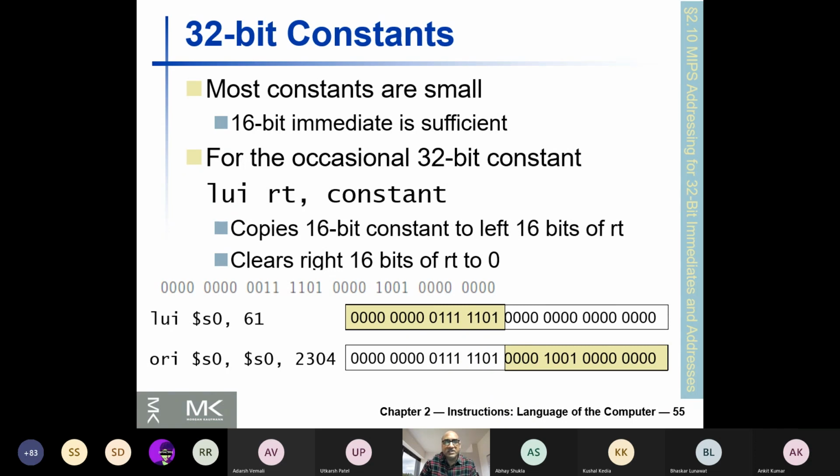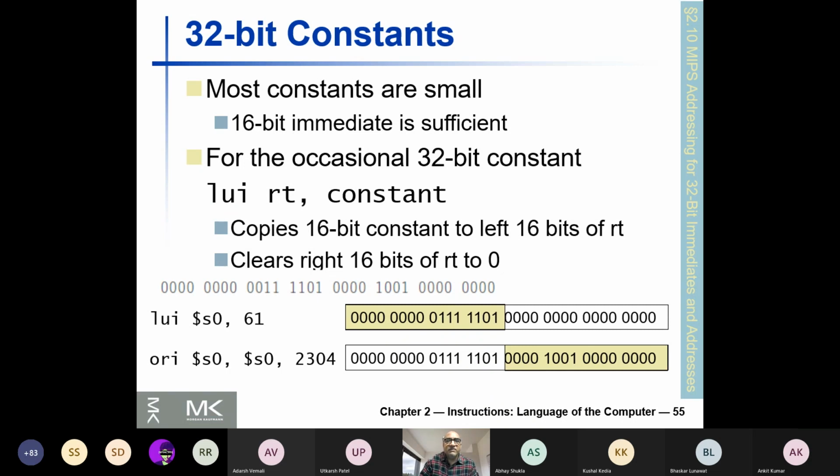We use a constant as part of the instruction. It means the data item that is required is available in the instruction itself. We need not fetch it from a register or from memory, so you can speed up the operation. These are called immediate operands or the immediate format of instructions.